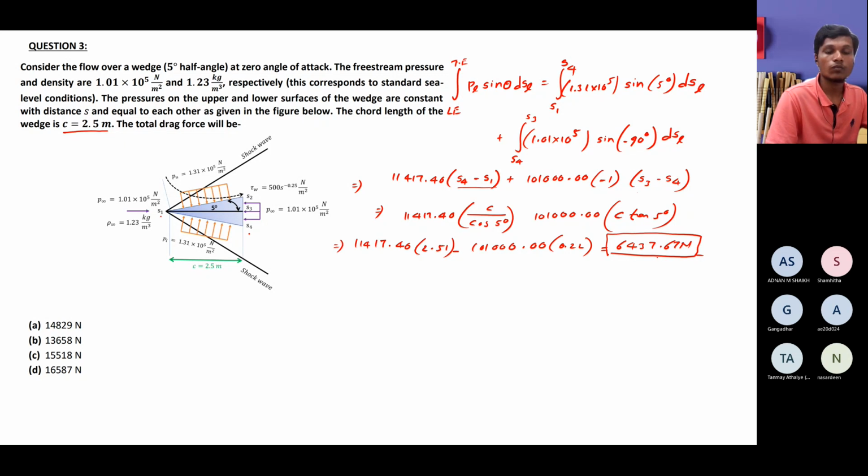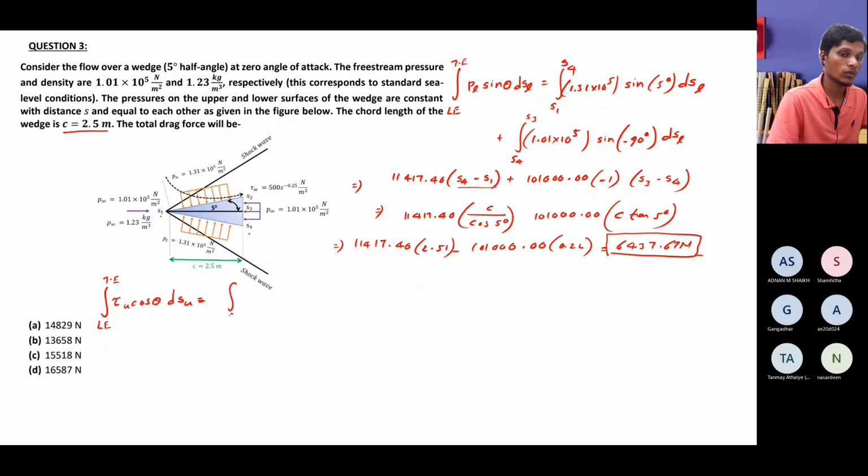So now we have the drag due to the pressure on both upper and lower surfaces. We need to now find the skin friction drag. How can you find the drag due to skin friction? Let's see. In the same way as we did for the upper and lower surfaces in terms of the pressure, let's apply it for the drag. Tau u on the upper surface, that is cos theta dsu. We only need the tangential force along the axis.